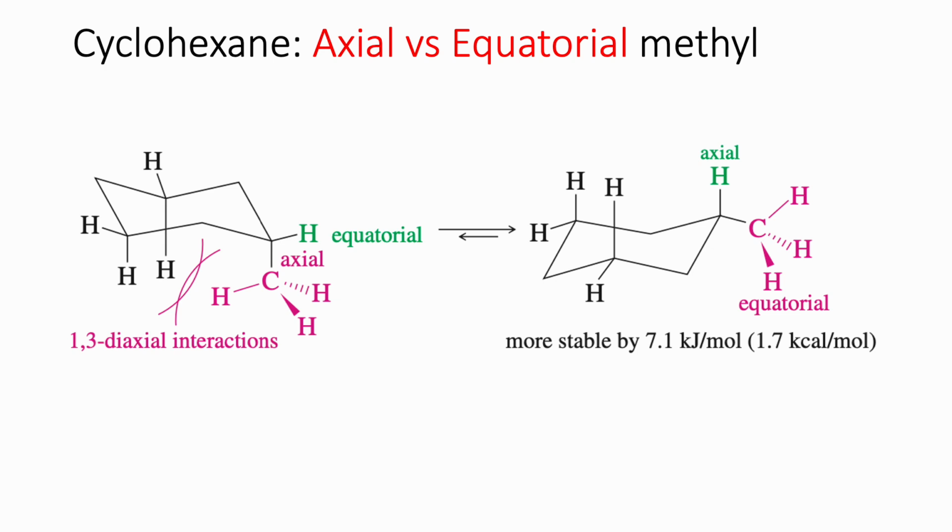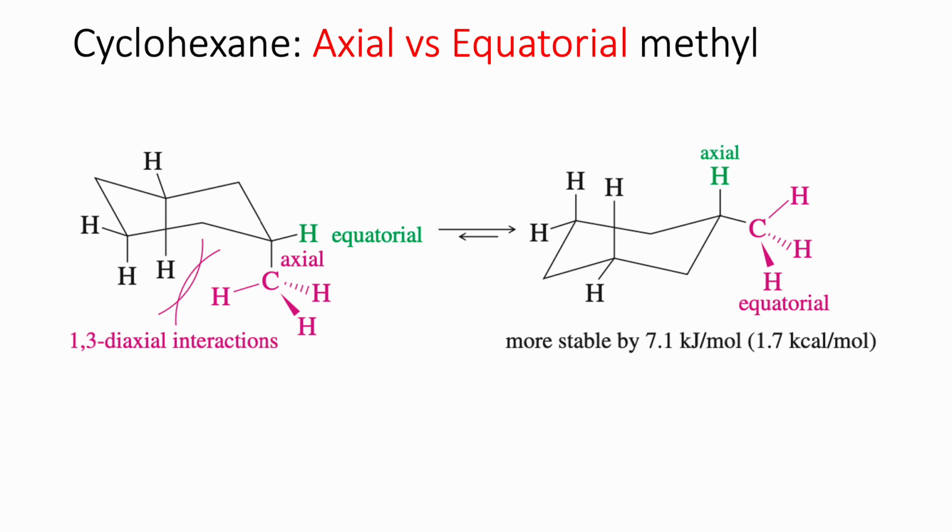So just as we had seen previously when we were looking at ethane and propane and butane, we were able to quantify the relative stability of these interactions, the difference between a syn interaction and a gauche interaction and a hydrogen-hydrogen eclipsing interaction. We can do an analogous thing here with the positions of the groups on a ring.